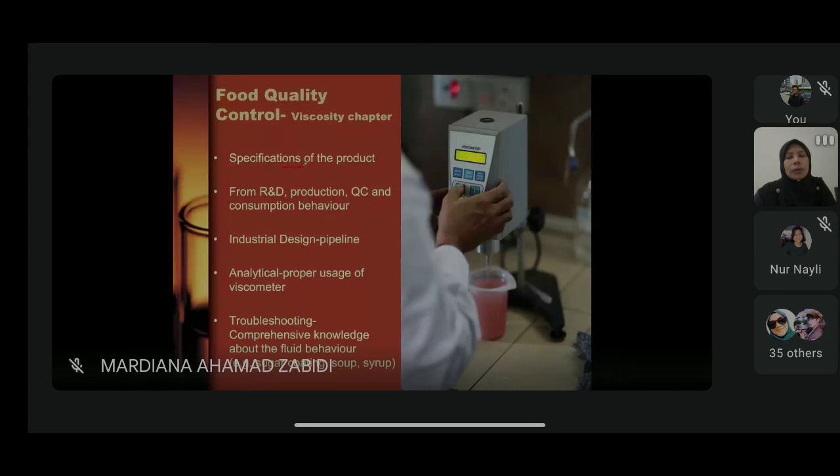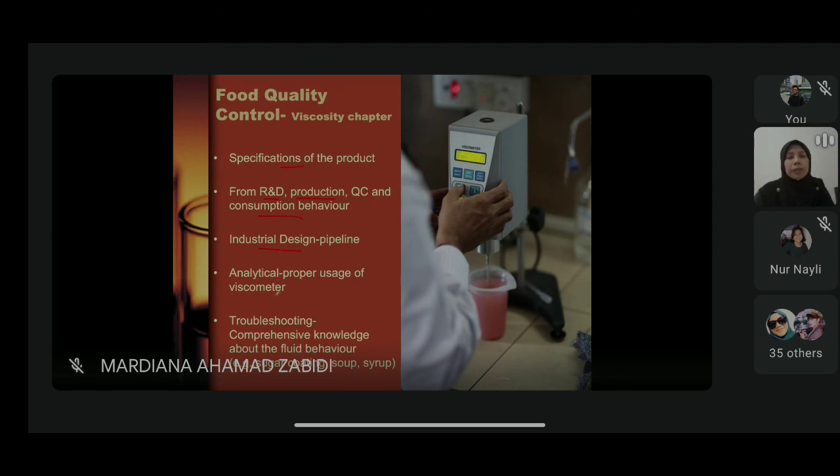When we measure the viscosity, this is for R&D, for production when we produce the product, as well as QC, quality control checking, and consumption behavior. And measuring the viscosity also goes back to the designing of the equipment, for example the piping and the pumping required.